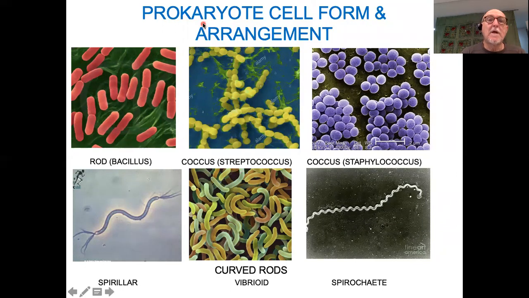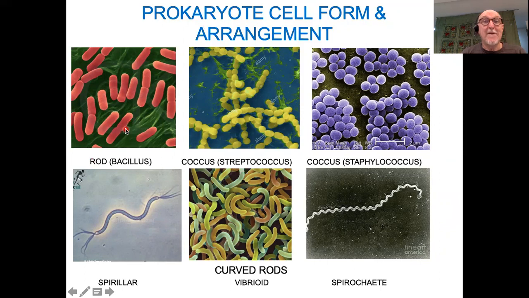The cell form, first of all, this is a rod, and the rod has one dimension which is longer than the narrowest. What I mean by that is, have a look at this distance here. The whole cell is much longer than that distance across.